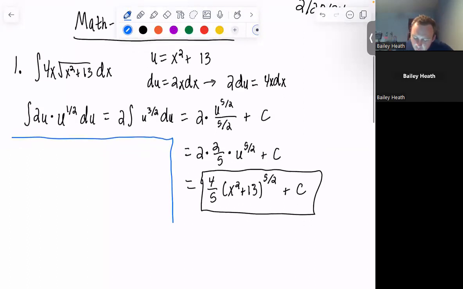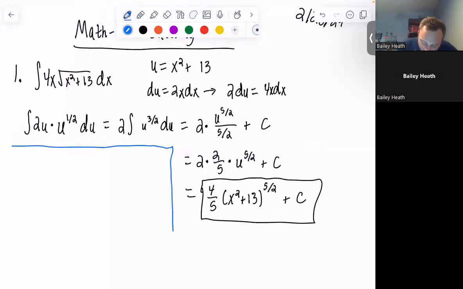But if we wanted to do that, this x squared plus 13 has the form x squared plus a squared, which tells me that I'm going to want to use the identity tangent squared theta plus 1 is equal to secant squared theta.